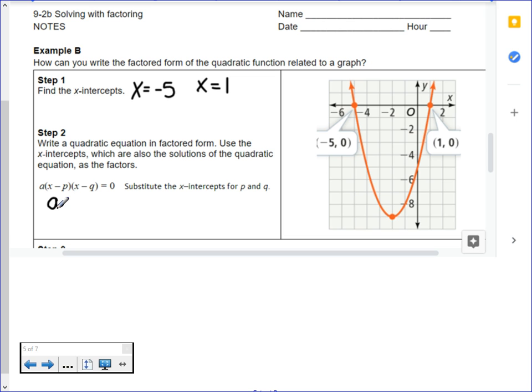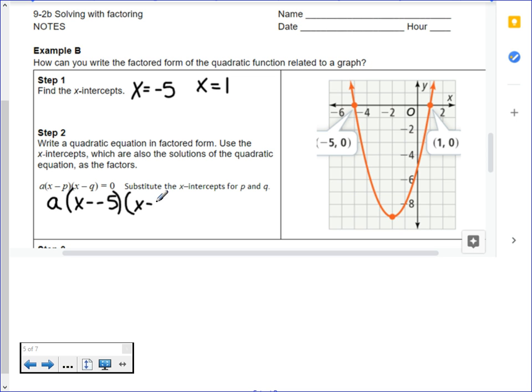We'll start with an a. We'll have an x and a minus sign, and then we would choose our first x-intercept, which just so happens to be a negative as well. So it's two negatives right next to each other. And then you would have another x, and then you would subtract, because that's what the equation says to do.